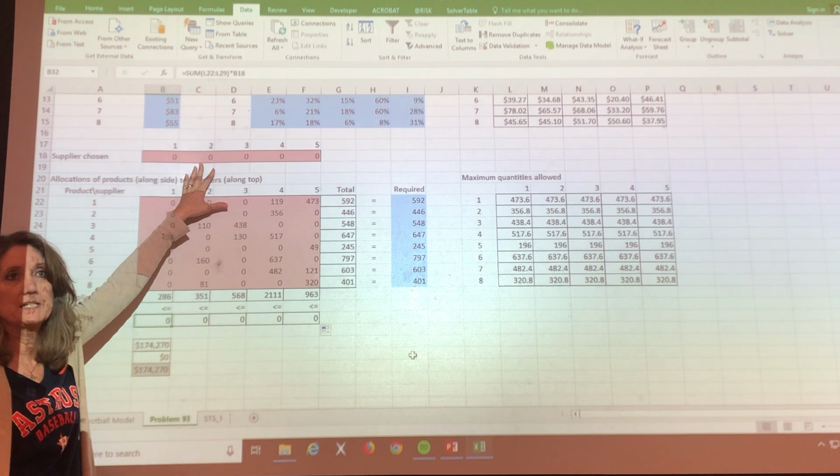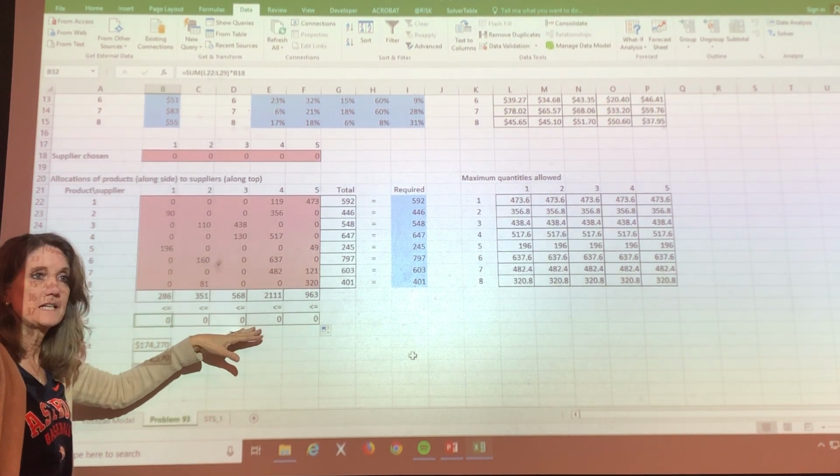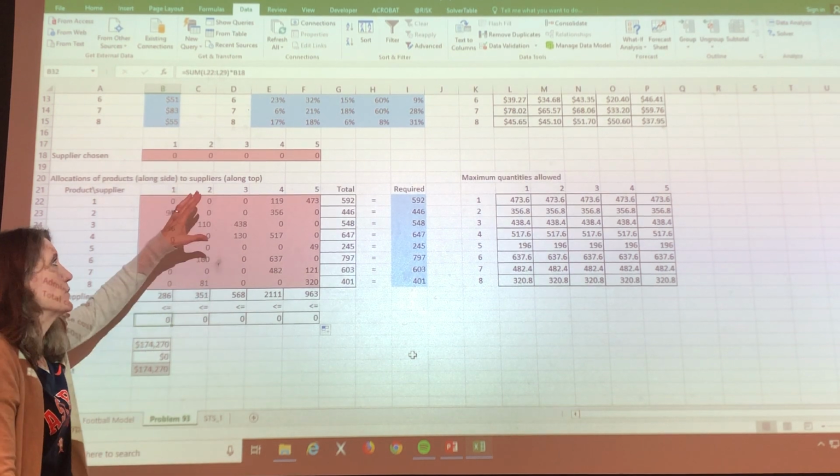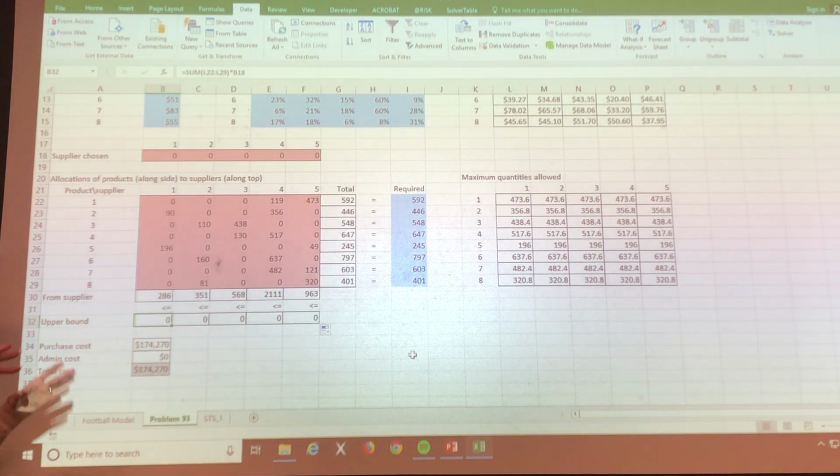Otherwise it can't order and fill your demand. Okay? So it has to. And so therefore it has to incur administrative costs that it didn't want to incur, but it's a necessary part of it in order to be able to order and fill your demand.